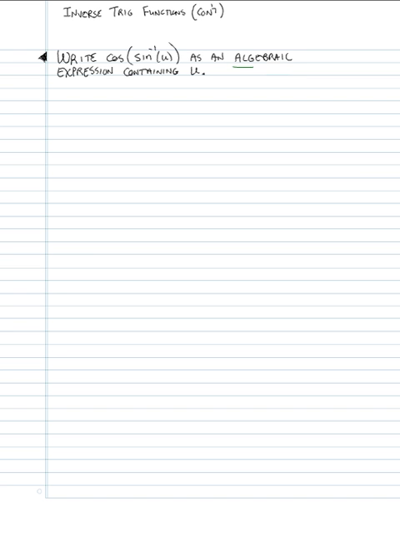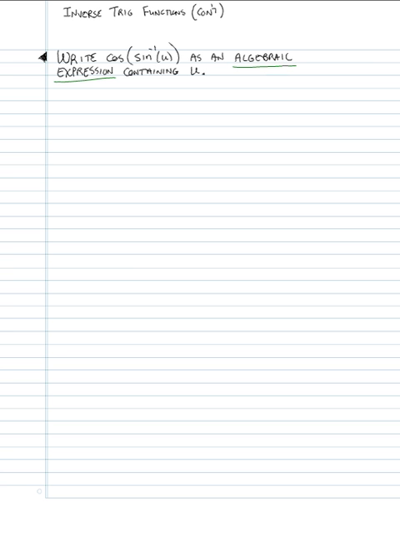Now the issue is algebraic expression. And when we see that, that's implying that we don't want to have any trig functions or inverse trig functions involved. It would just be things like squaring or cubing or adding or subtracting or square rooting, algebraic operations.